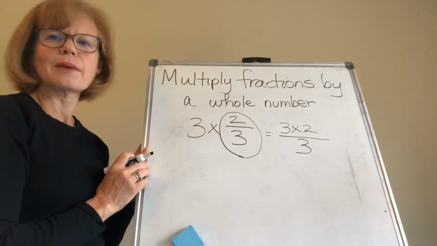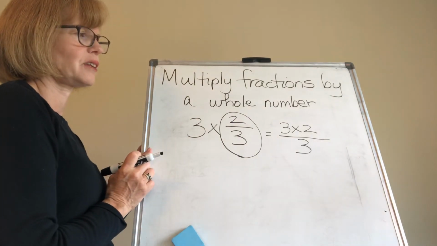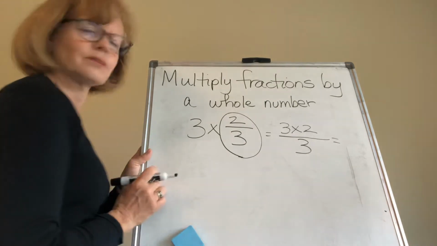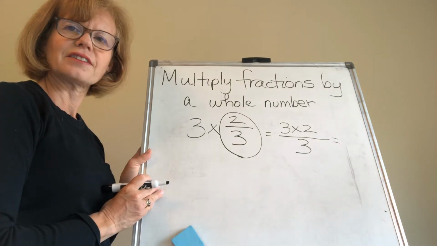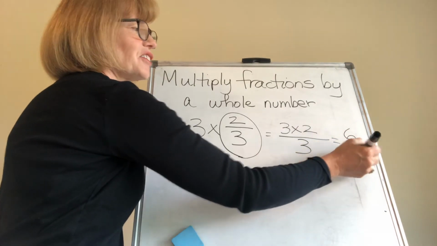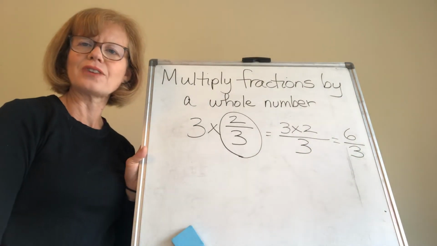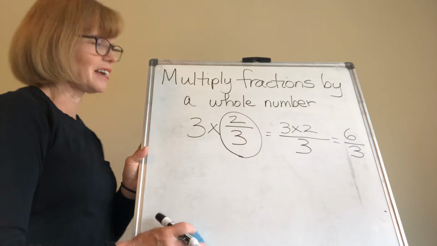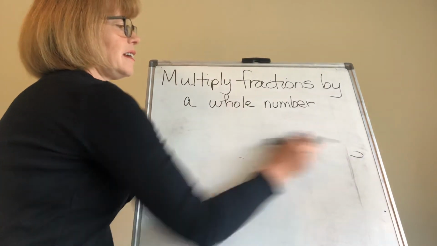Remember, my denominator doesn't change, just my numerator. What do you think? Write down what you think the answer is. 6 thirds. Good job. You got it. Absolutely. All right, we're going to try one last one.